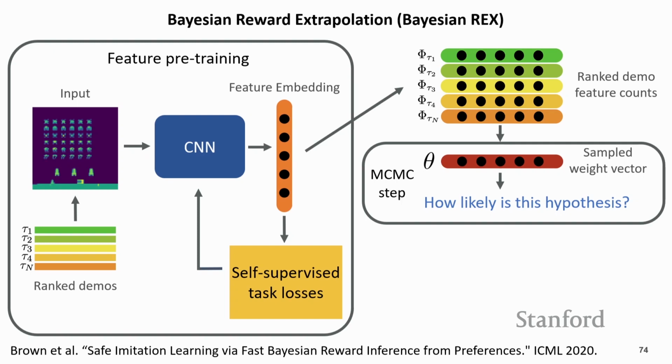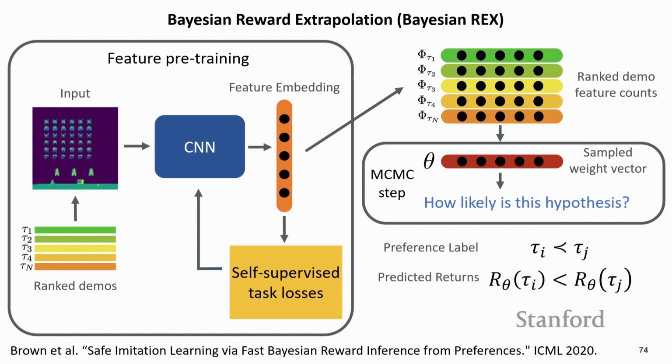We're doing Markov chain Monte Carlo inference, where at a high level, all we're asking is, given a hypothesis for your reward function, and given these ranked demonstrations you've given me, how likely is this? We have these preference labels, which are our input data. We want to say, how likely is this trajectory preference?